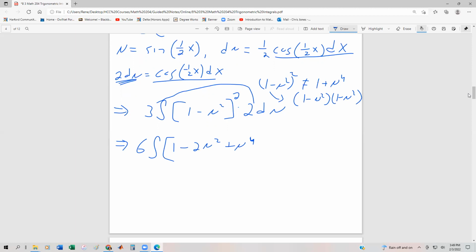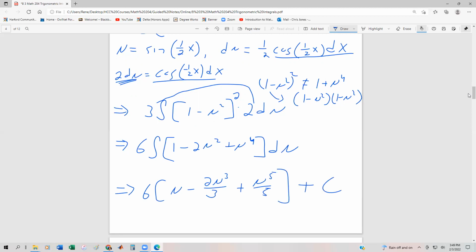And we got rid of the 2 as the coefficient or the factor, and there's a du. Now we can integrate term by term. So this is now going to be 6 times u minus 2u cubed over 3 plus u to the 5th over 5 plus our constant of integration c.